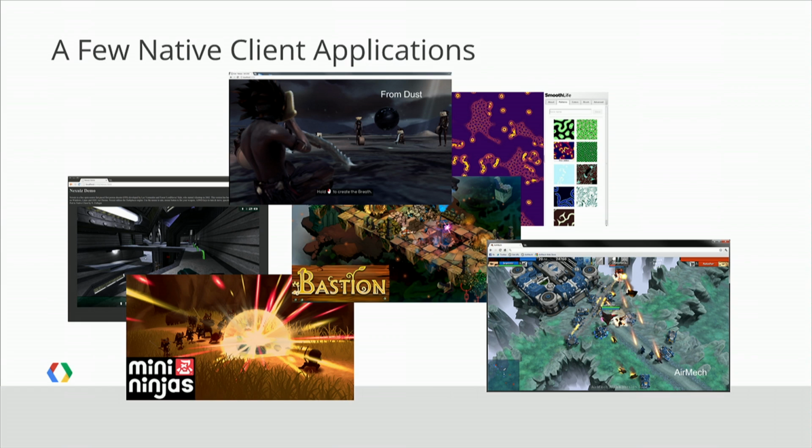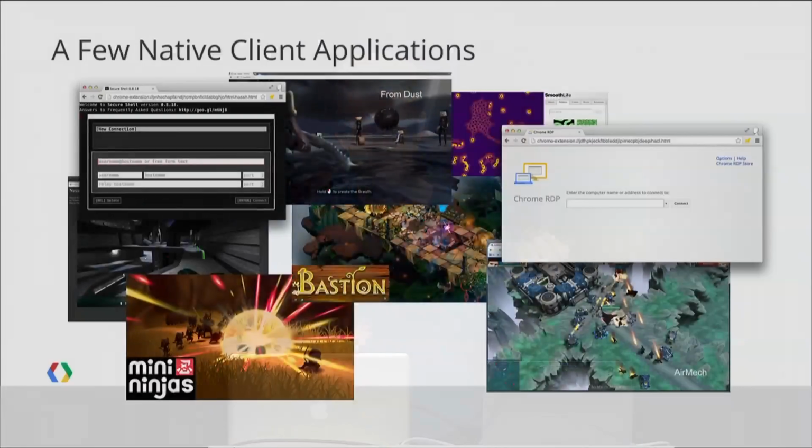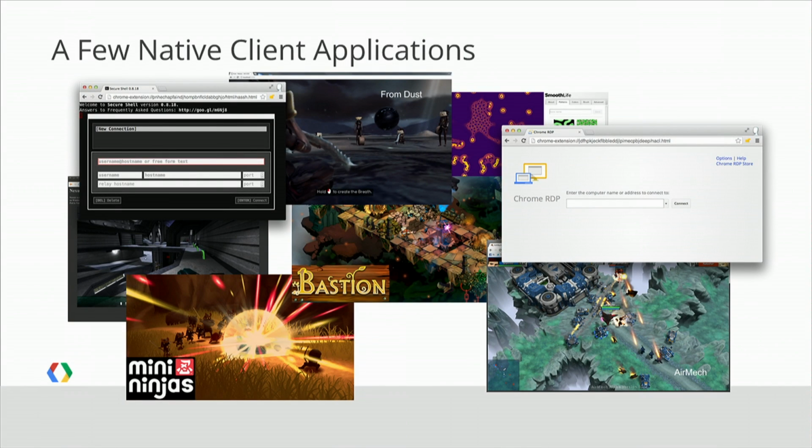So 30 plus games. And more recently, applications that are probably not in that category. Things like productivity applications, applications to do secure shell access, or remote desktop viewers for NativeClient. So there are lots of other things outside of games that we're also bringing.